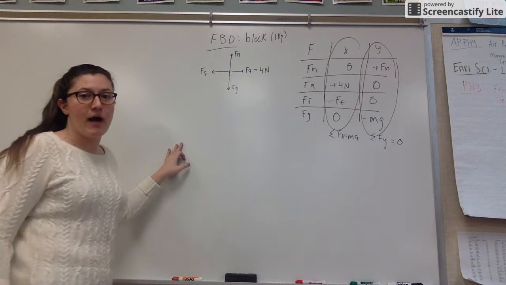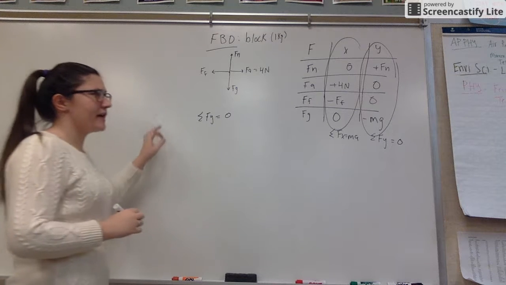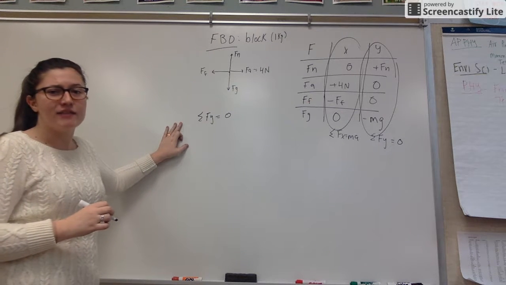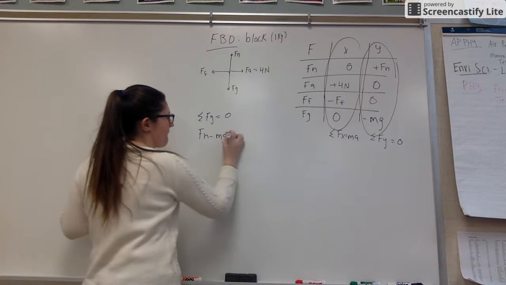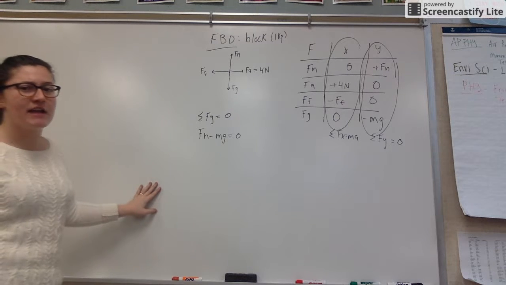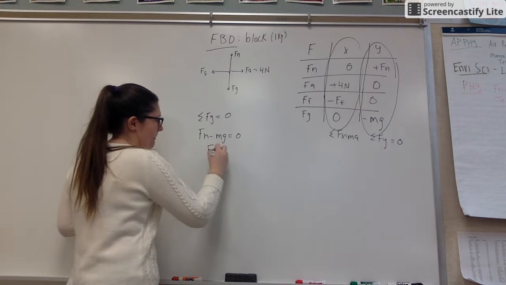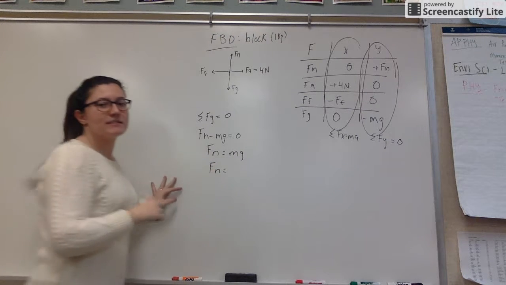Okay, so let's start with the y. Sum of forces in the y are equal to 0. So we're going to have F sub n minus mg equal to 0. Move that mg over to the other side to get F n equals mg. Let's plug in what we know.